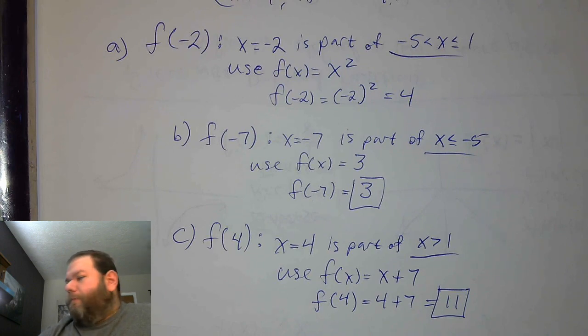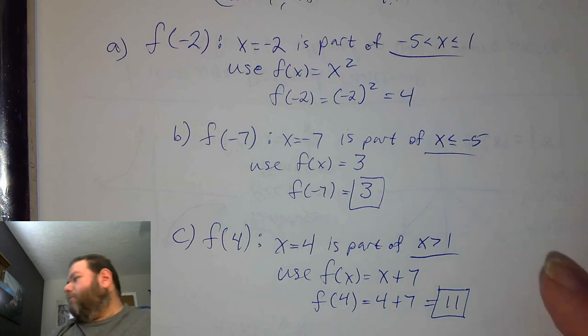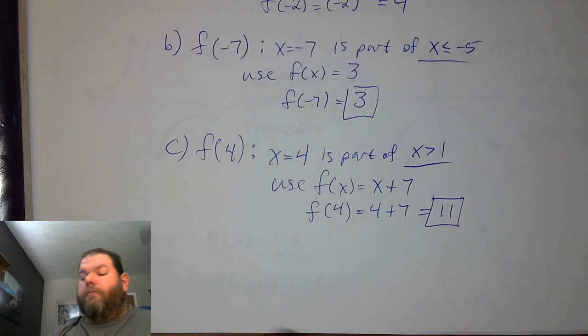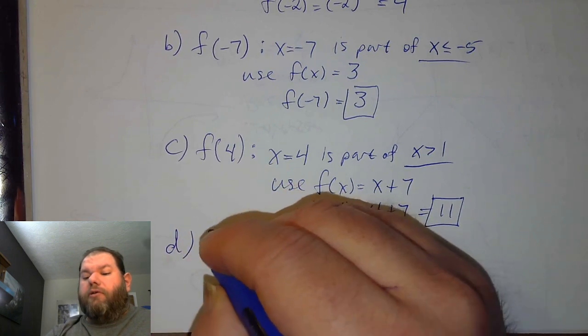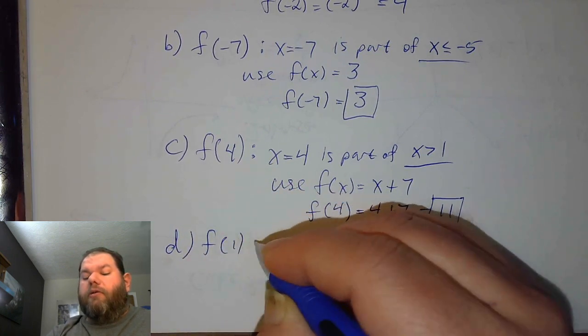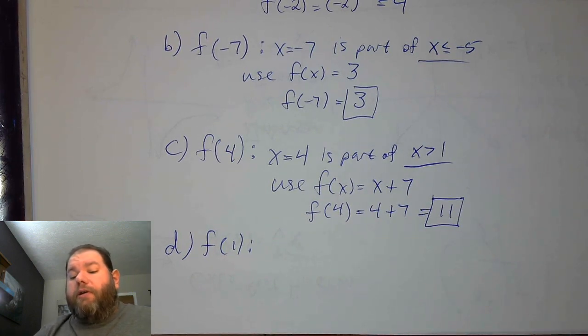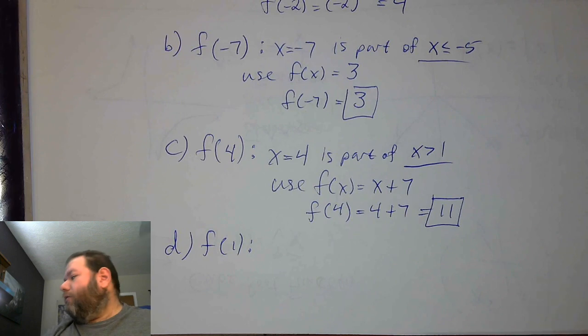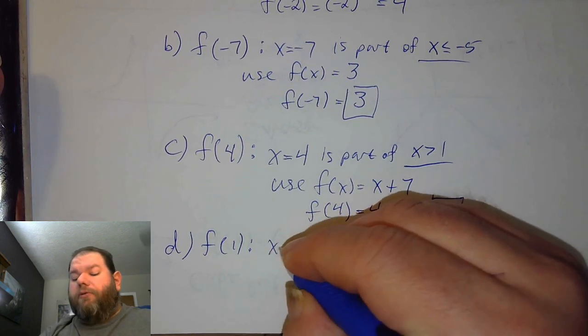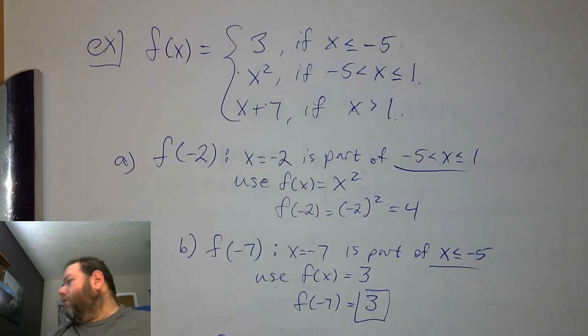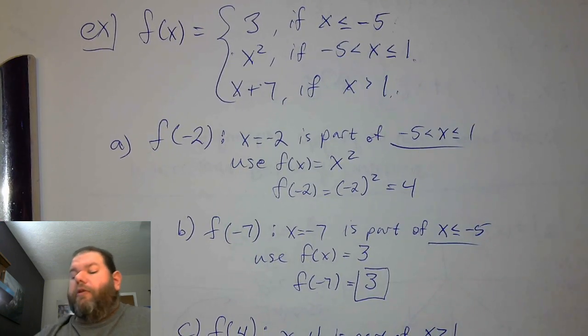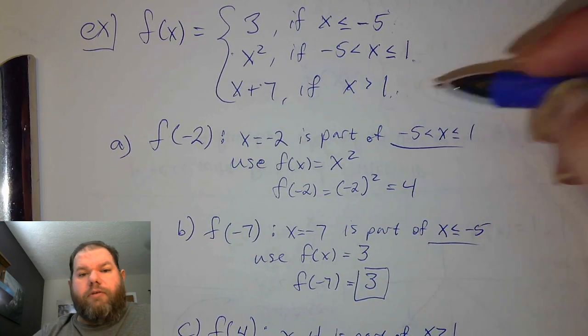Is that all right? One last question. If you want to evaluate f of 1, in this case x is equal to 1, which one of these is x equals 1 part of?